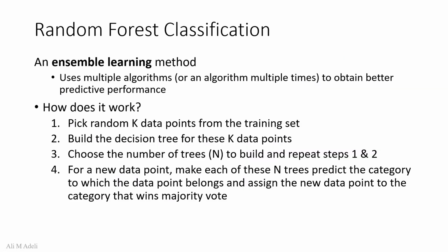The next one is random forest classification. Similar to random forest regression, it's an ensemble learning method. It uses multiple decision trees to obtain better performance. It works very similar to what we had before. We have to specify how many trees we want, the n.